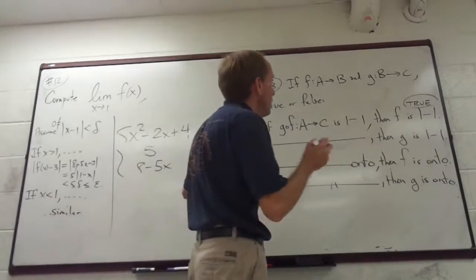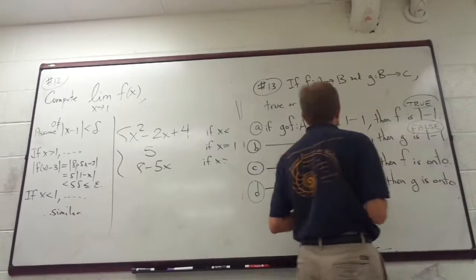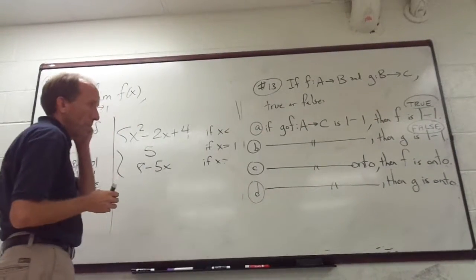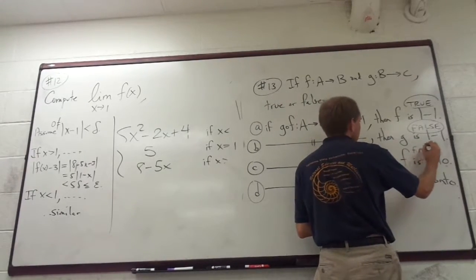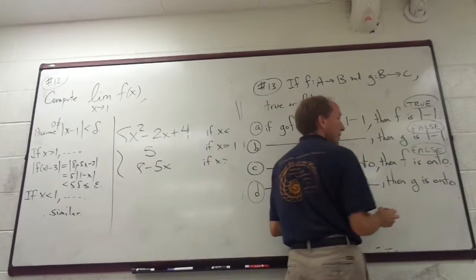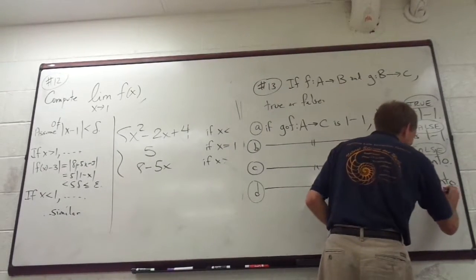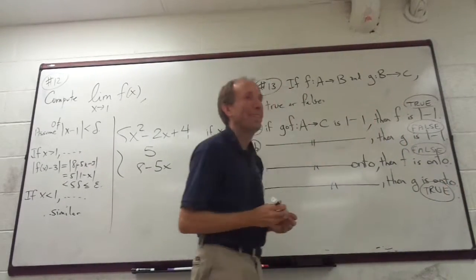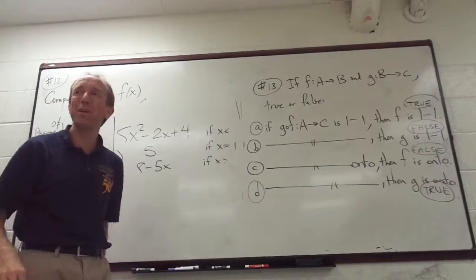The second one is false. The third one is false. And the fourth one is true. There you go. You can have fun reviewing 1-to-1 and onto.